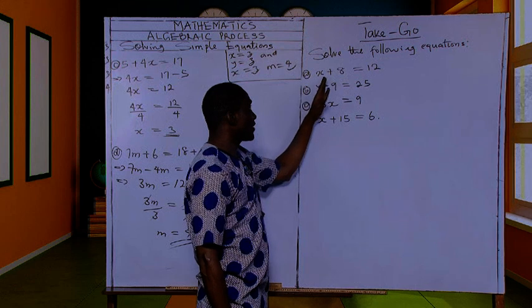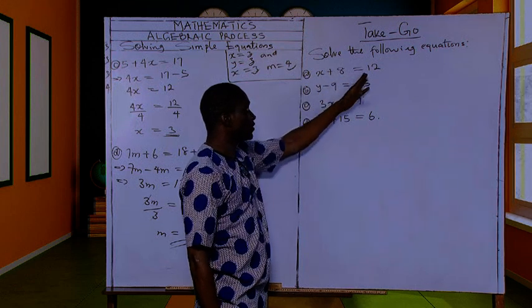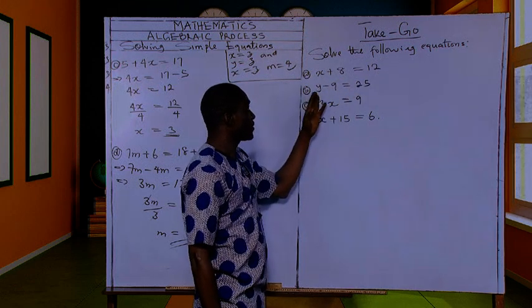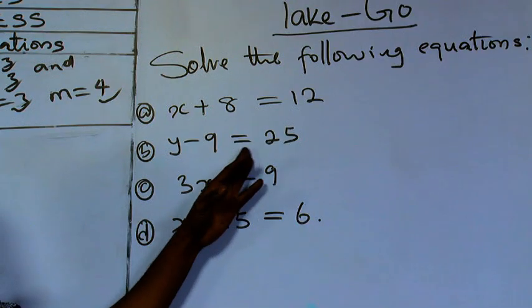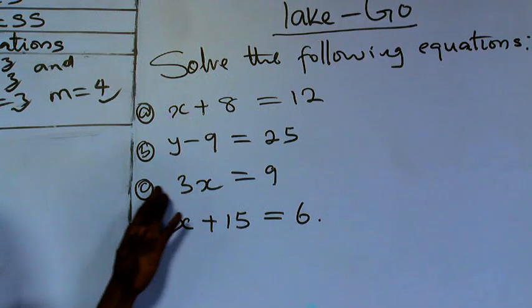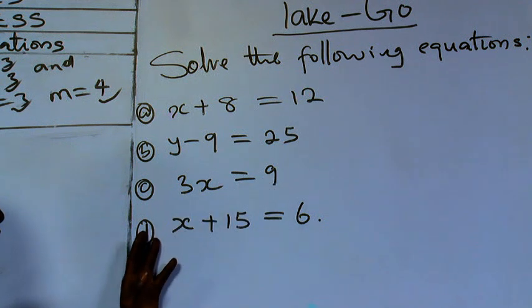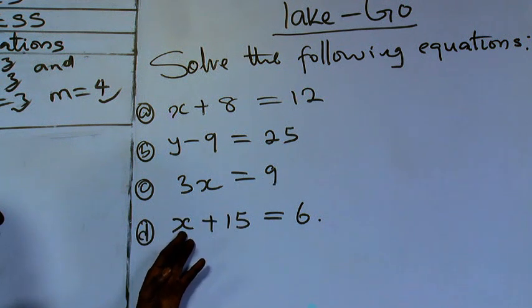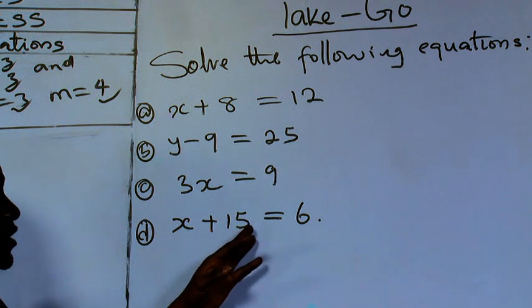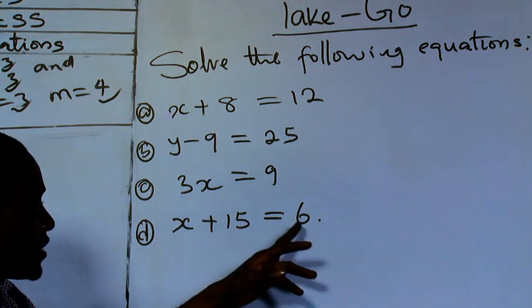A, x plus 8 equals 12. B, y minus 9 equals 25. C, 3x equals 9. D, x plus 15 equals 6.